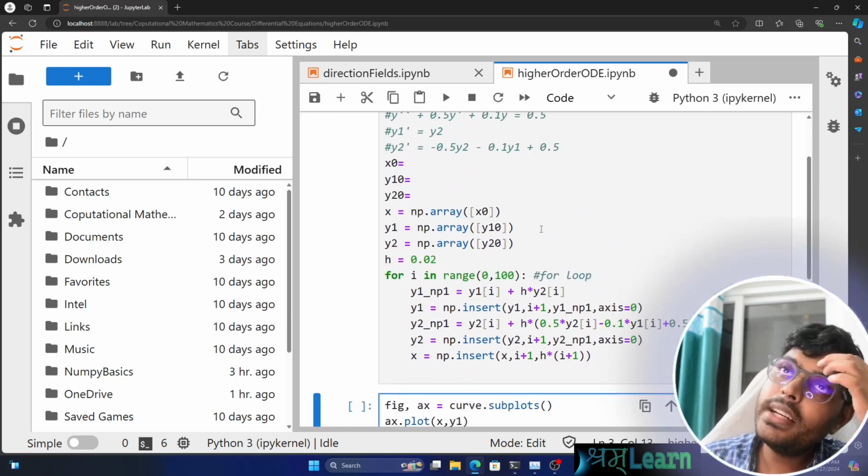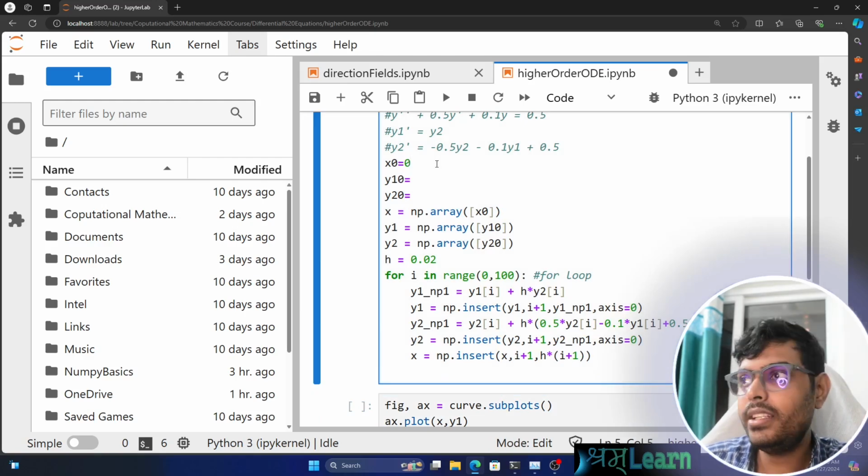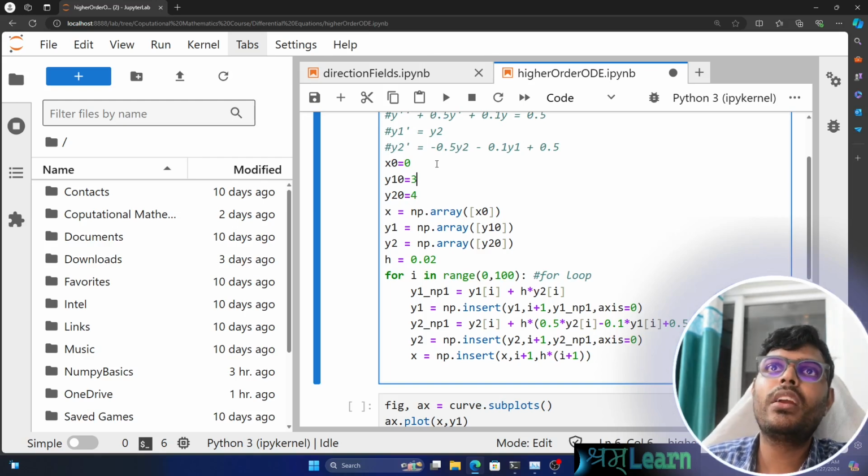Can we go ahead? No, we cannot, because we have not provided the initial values. Initial values are to be provided. We can provide any initial value for that matter, right?